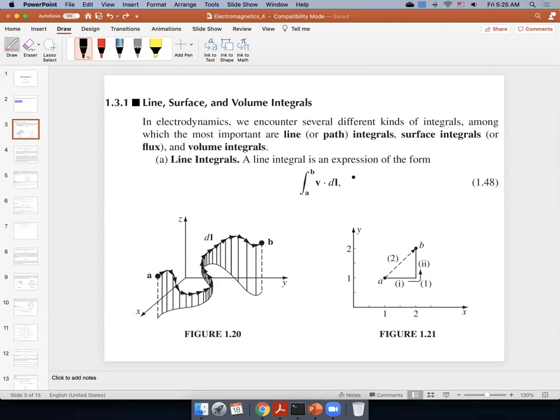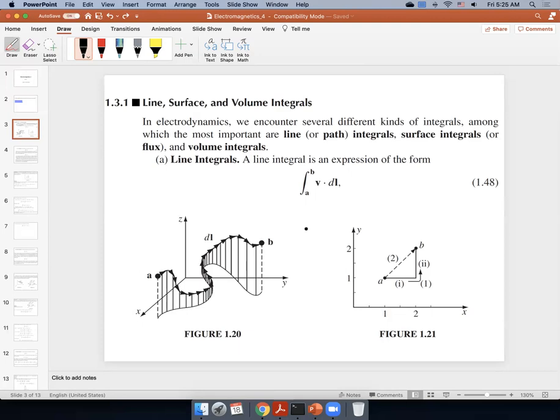The infinitesimal position change or displacement. So if we show it in this figure, that's the integral. So first, from A to B, you have a path. This is a path shown here.